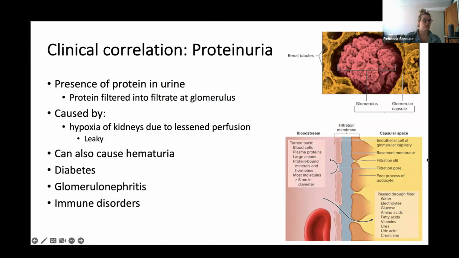Here's your clinical correlation, proteinuria. Protein is not something you want to find in your urine either. In proteinuria, it is filtered into the filtrate at the glomerulus. Mostly protein should stay in the vascular capillaries, but when we have certain pathologies wrong with the kidney or the body, that protein will creep through here and end up in the urine. That is abnormal. One thing it could be caused by is lack of blood flow to the kidneys.